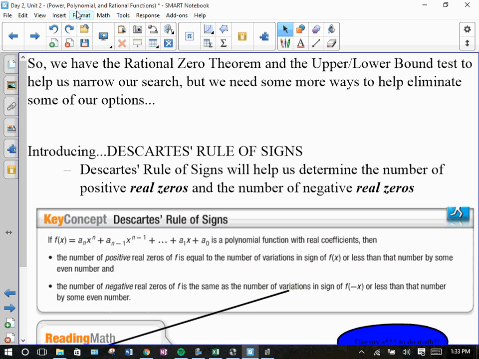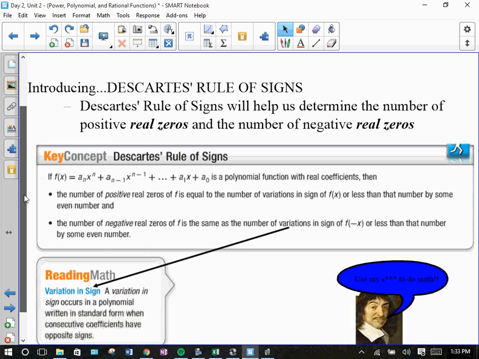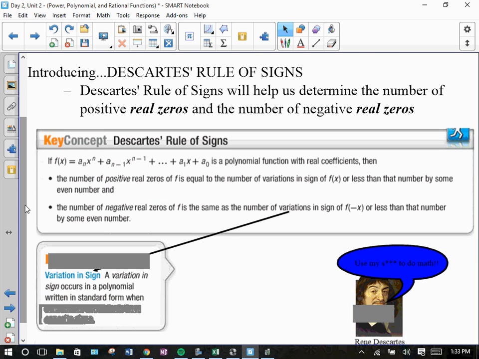Now, what we're going to do is, quick side note, what it means by variation in sign is that the coefficients alternate in sign. Okay? So, for instance, if you're looking at this next one, well, it's easier to show you with an example.